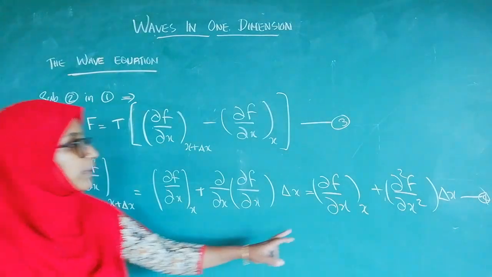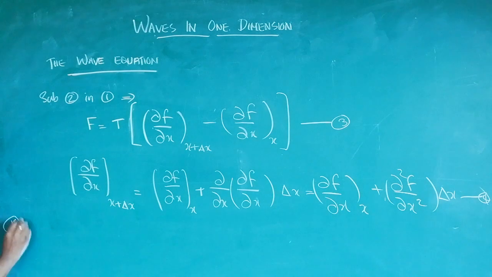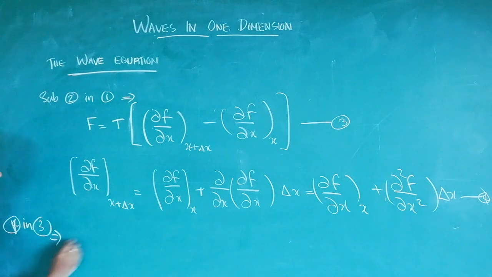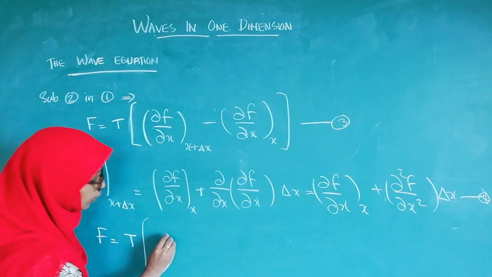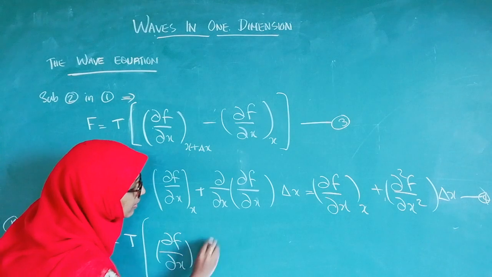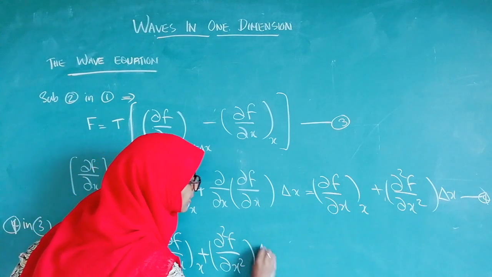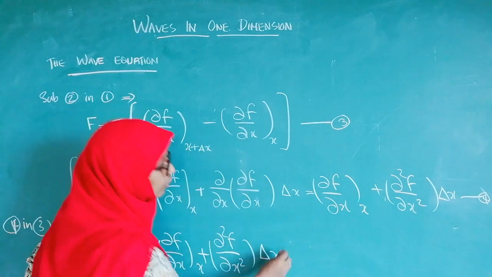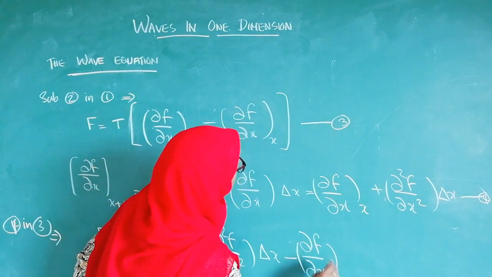Now I am going to substitute this equation 4 in 3, that is F is equal to T into (∂f/∂x at x plus ∂²f/∂x² into del x minus ∂f/∂x at x).